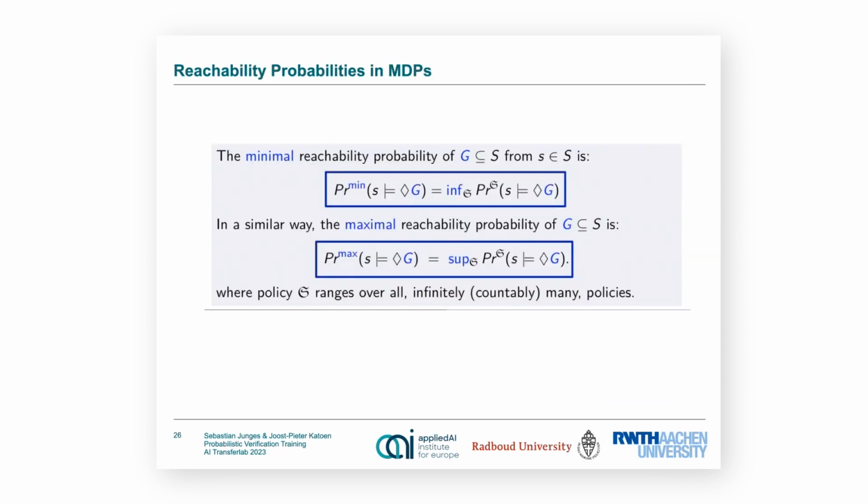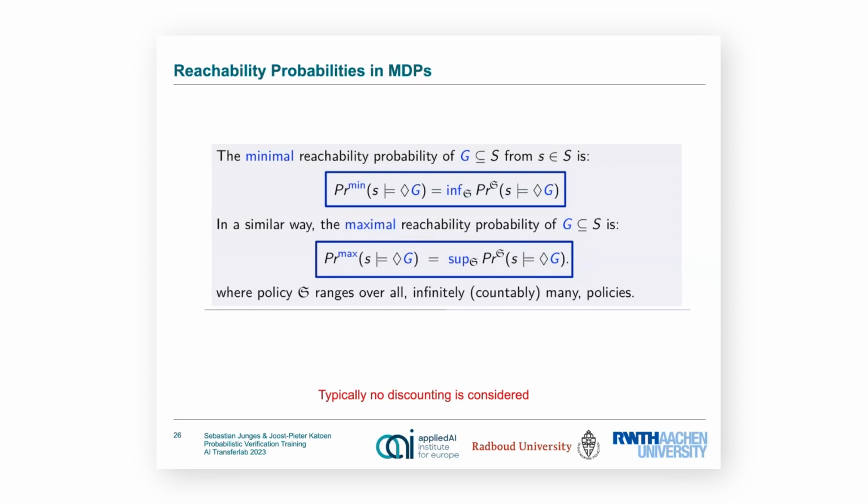Good. So what you can do in these kinds of models, you can compute what is called the minimal reachability probability. What's the worst possible, the lowest probability over all possible strategies to reach a certain state, like earning n euros, or what is the maximal reachability probability? Good. And there are models, for instance in AI, where you also have discounting.